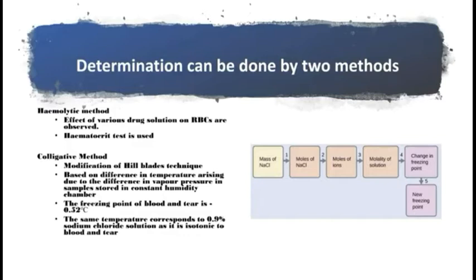The next is divalent electrolytes; the LISO value is 2 and the examples are MgSO4 and ZnSO4. And the last is univalent electrolyte; the LISO value is 3.4 and the examples are NaCl and sodium phenobarbital.